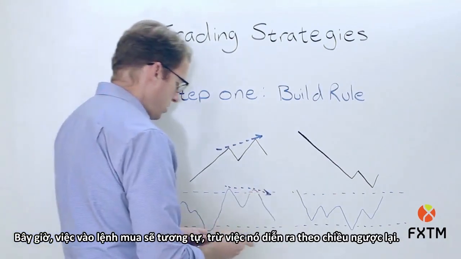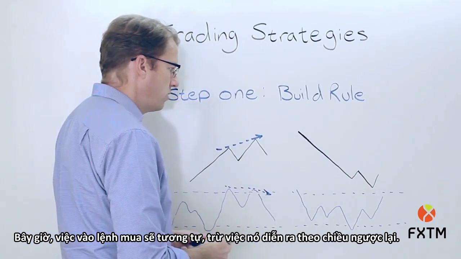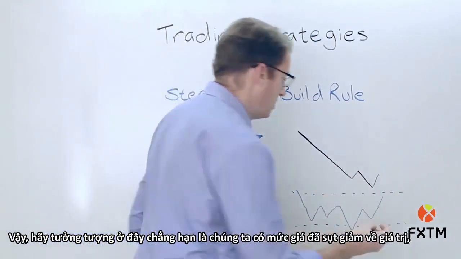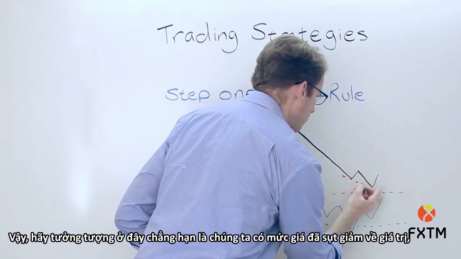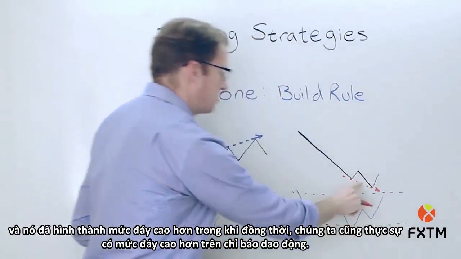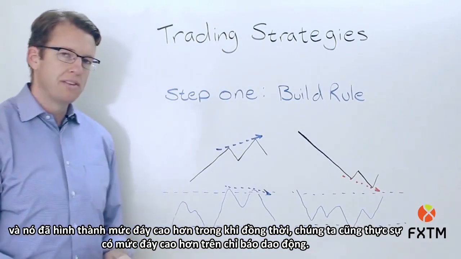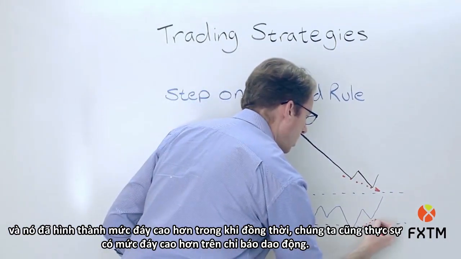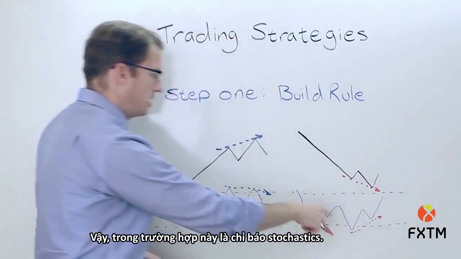Now, a long entry would be similar, except just in reverse. So imagine, for example, that we have a price that has been declining in value, the exchange rate, and it's been forming lower lows, while at the same time we actually have higher lows on the oscillator, in this case the stochastics.